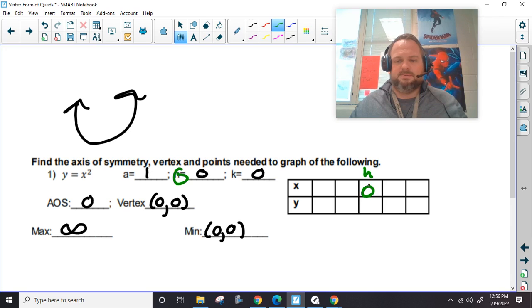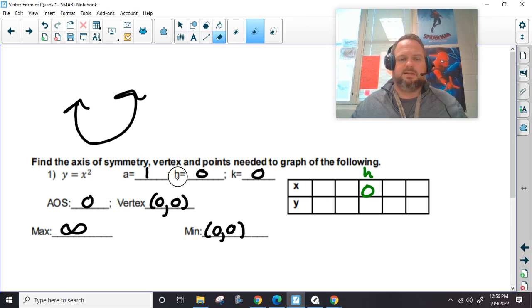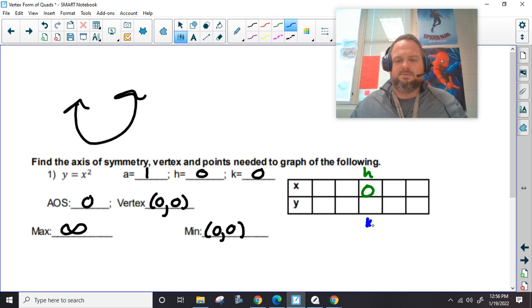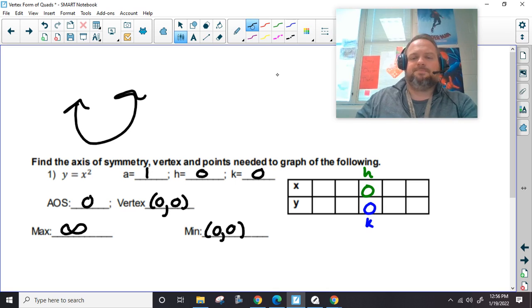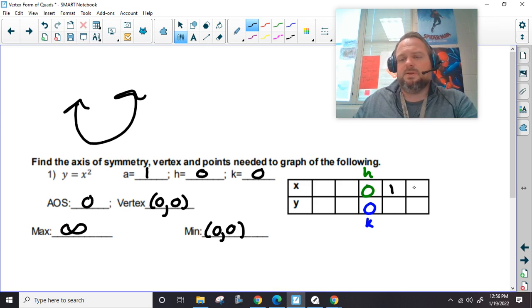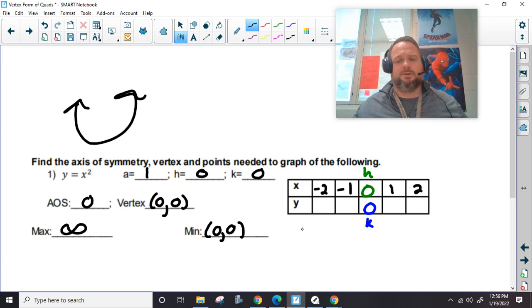This is our 0, that's our H value. Our K value is right here, also 0. If this was a number line, this would go 1 and 2 right here, and -1, -2, like you would see on a regular number line. Not a big deal. Too easy.